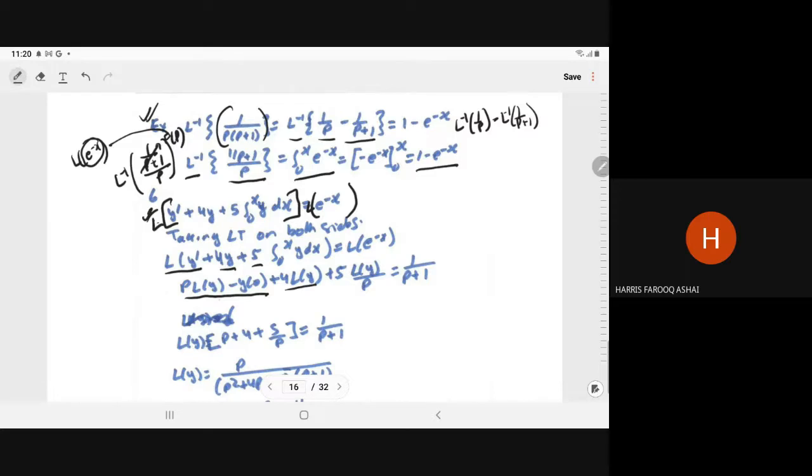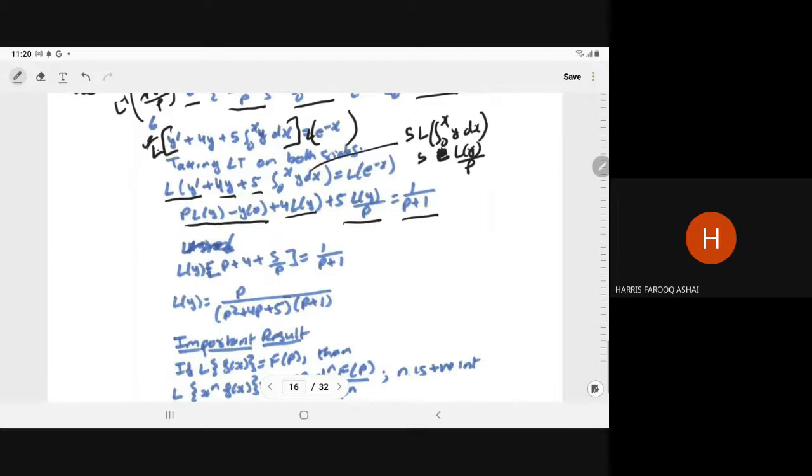That is 5 into L of y upon p, and the Laplace transform of e to power minus x is 1 upon (p plus 1).